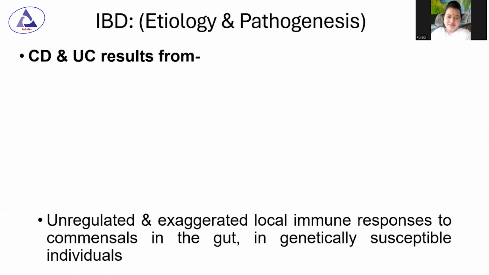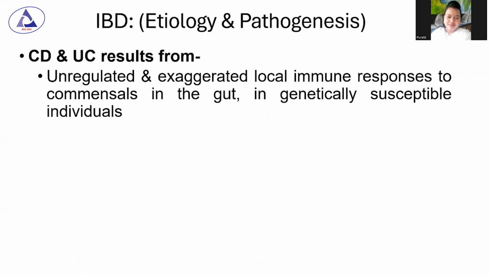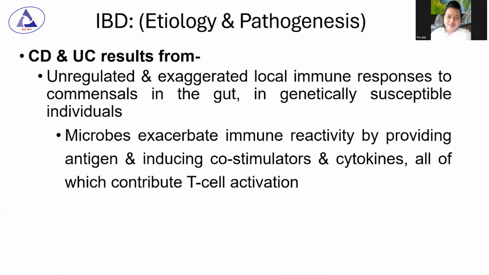It also results from unregulated and exaggerated local immune response to common microbes in the gut in genetically susceptible individuals. Microbes exaggerate immune reactivity by providing antigen and inducing some co-stimulators and cytokines, which contribute to T-cell activation.